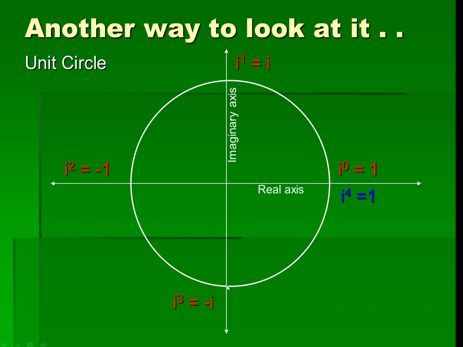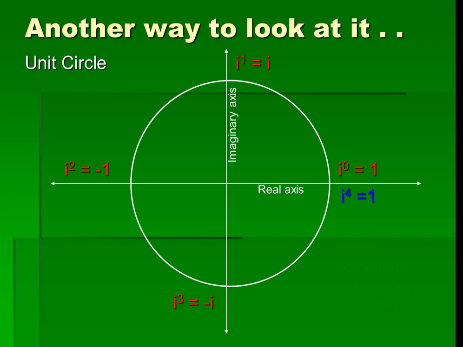Now something should jump in your head, but let's go ahead and start. Start at 0. Okay, ready? 1, 2, 3, 4, 5, 6, 7, 8. i to the 8th is going to equal 1.